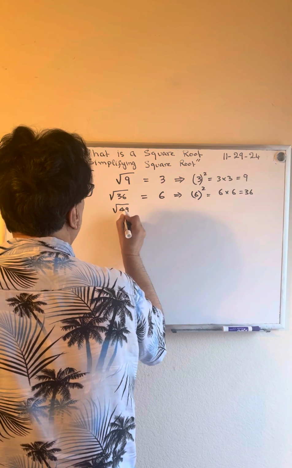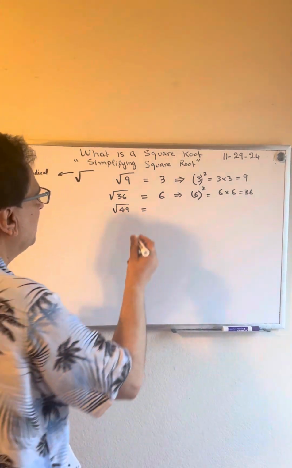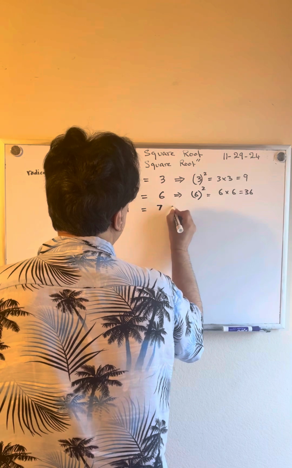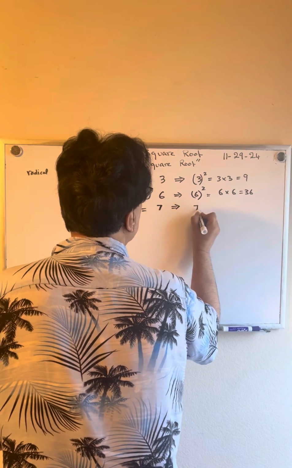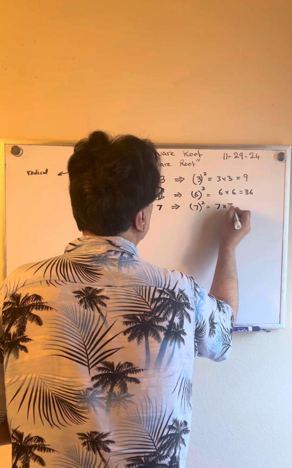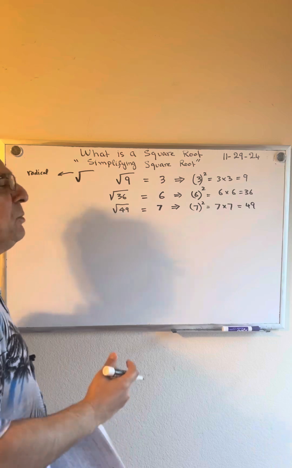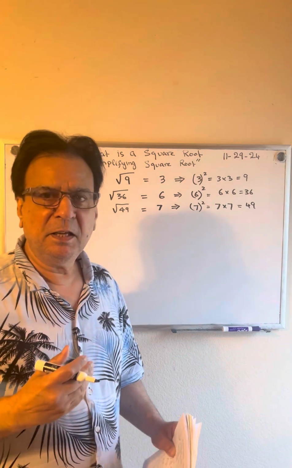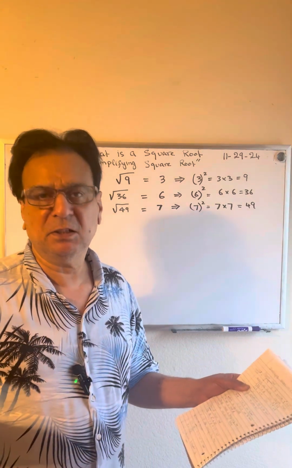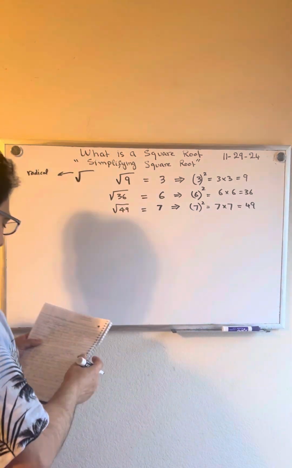I know all of you students out there can do that in your head, which is 7. Why? Because 7 squared, which is 7 times 7, is equal to 49. My aim here is to present this as simply as I can think of, so that everybody can understand. Now, let me ask you this.